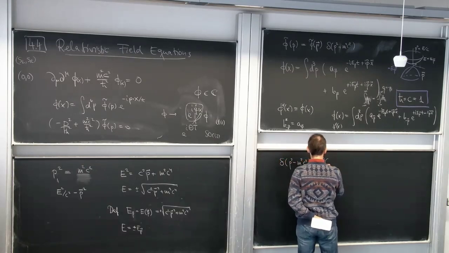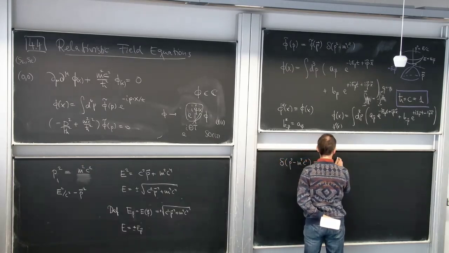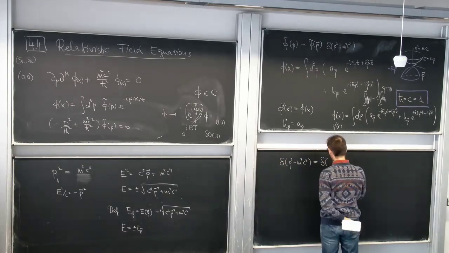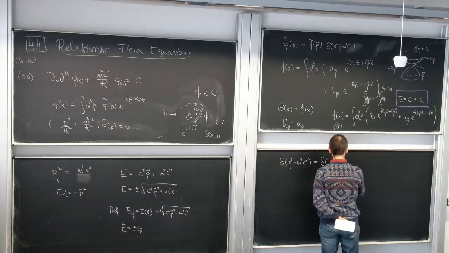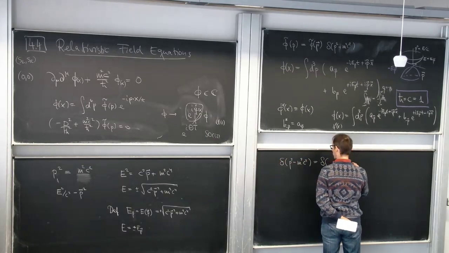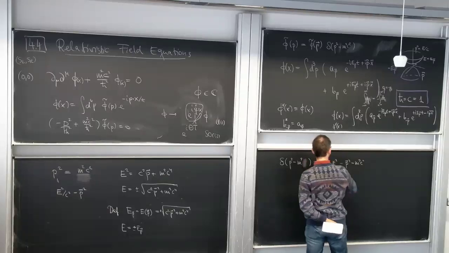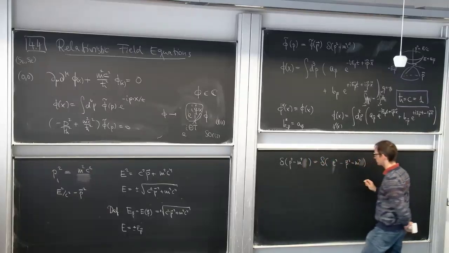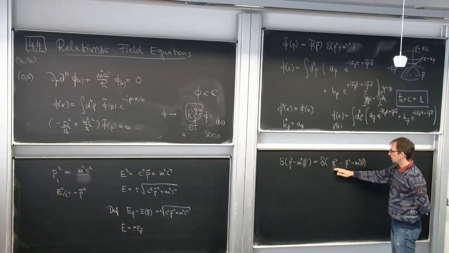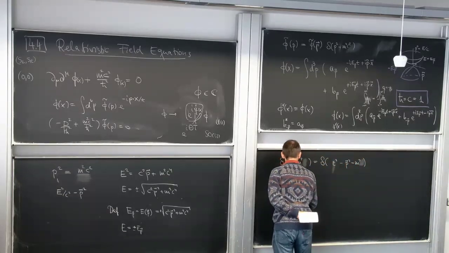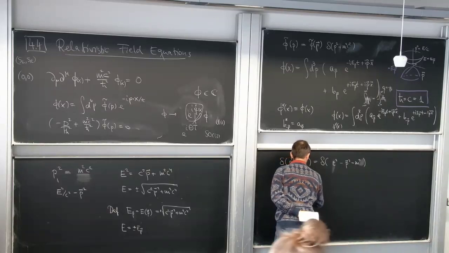If delta p0, let's call it E now, I don't have to bother with the c, so it's E squared minus p vector squared minus m squared. And now I have an integral d^4p, which is an integral d^3p and dE.